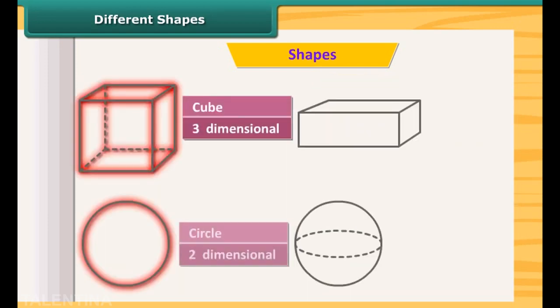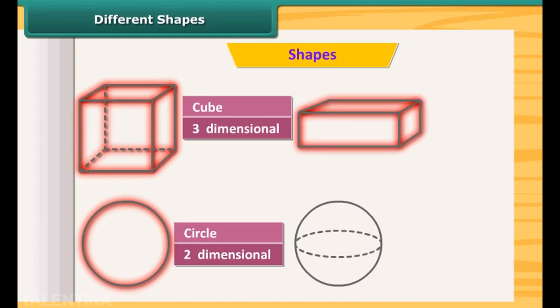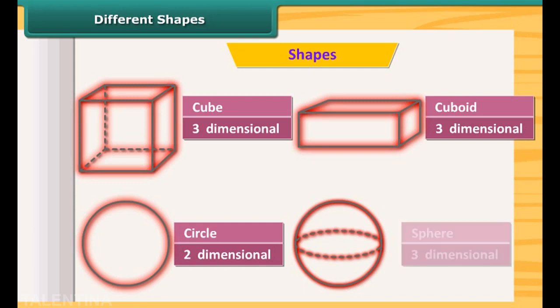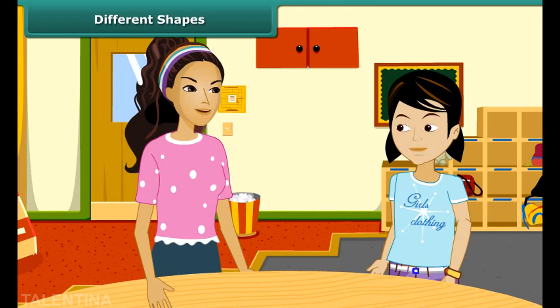Circle, two-dimensional. This is a cuboid and is three-dimensional. And this is, is it a sphere? Yes, this is a sphere and is three-dimensional. Wow, Rita, you are learning so fast. Tell me more about these shapes.